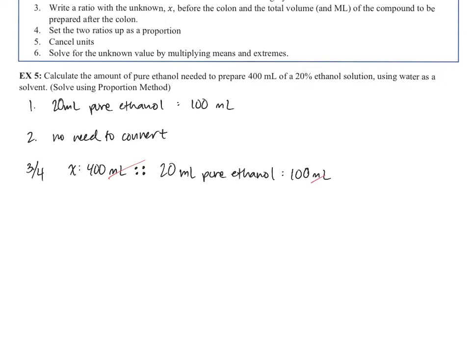We'll solve for the unknown by multiplying out our means and extremes. Okay, so our means are the 400 and the 20 ml pure ethanol. Writing that out, we get 400 times the 20 ml pure ethanol.